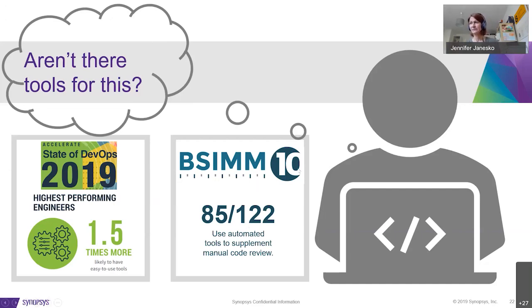When you look at BSIM, 85 out of the 122 interviewed organizations have some sort of security tooling in use. So it is a mark of a more mature organization where security tools are used in an effective way.